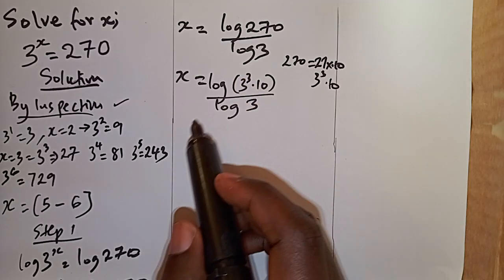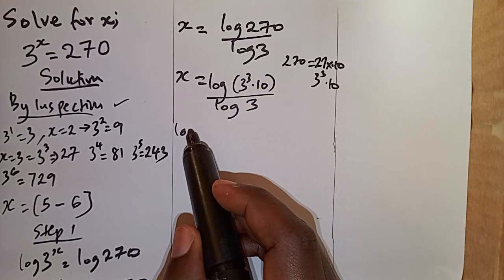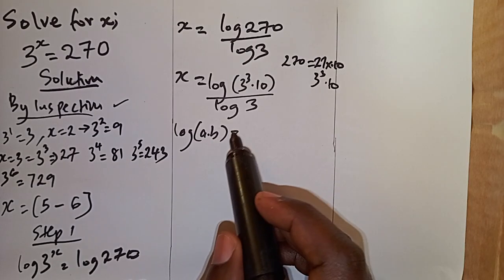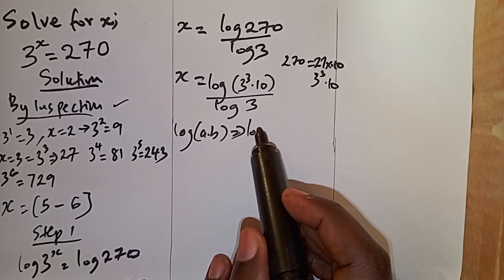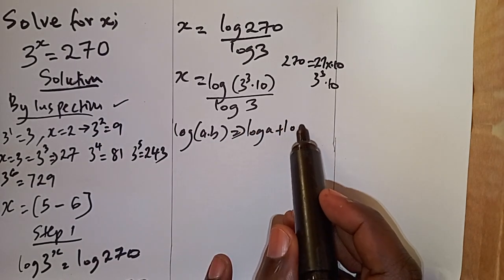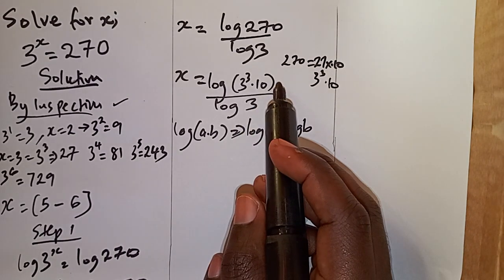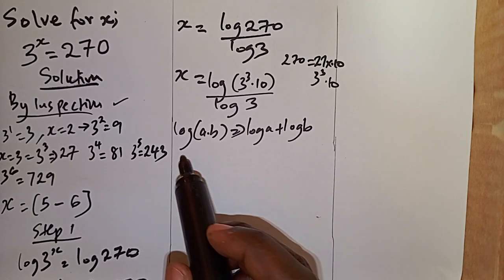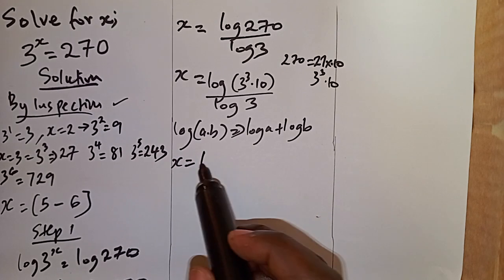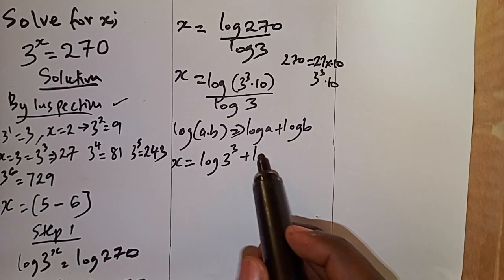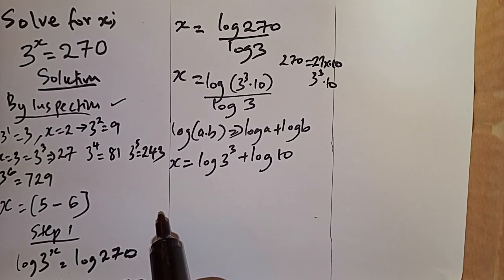So let's recall the law of logarithms that says the log of a multiplied by b can be expanded as the log of a plus the log of b. Expanding this numerator, x becomes the log of 3 to the power 3, plus the log of 10.